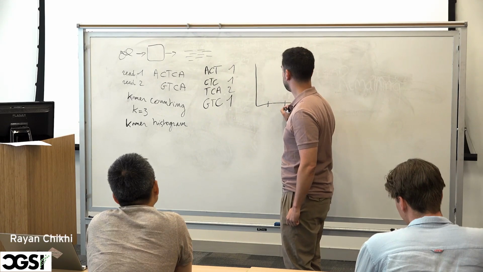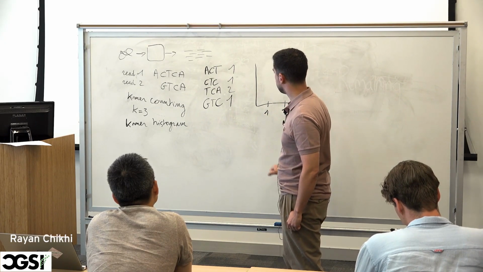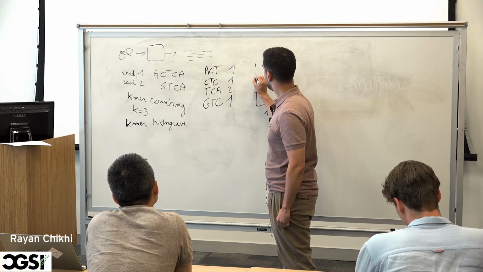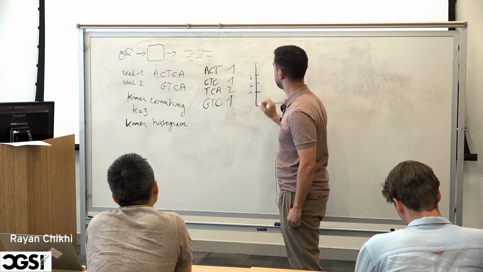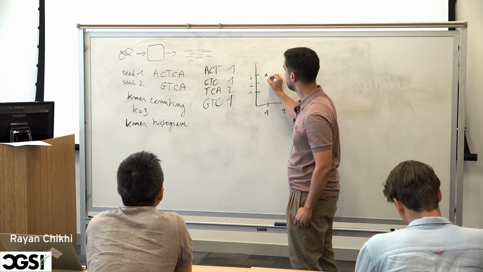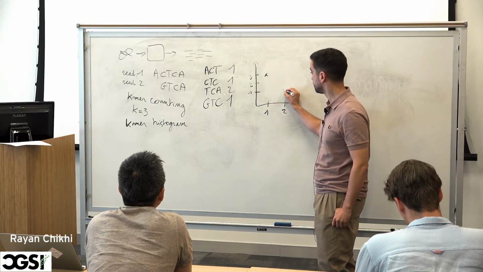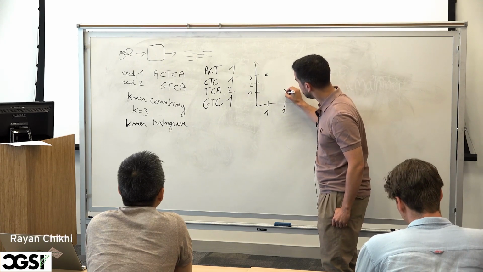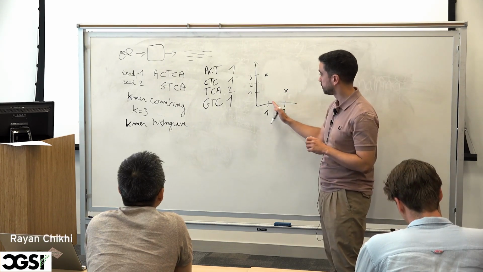So here there are only two different values, 1 and 2. And then you count how many times you see 1 in this table. You see it 3 times. How many times do you see 2? You see it twice. From this example, there is really not much going on. The K-mer histogram looks like this.